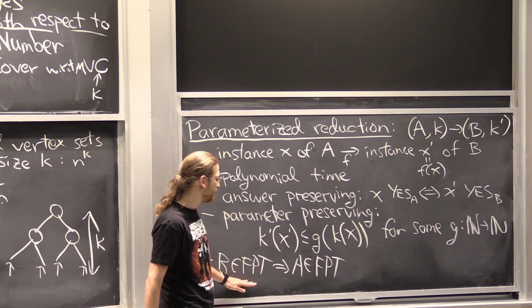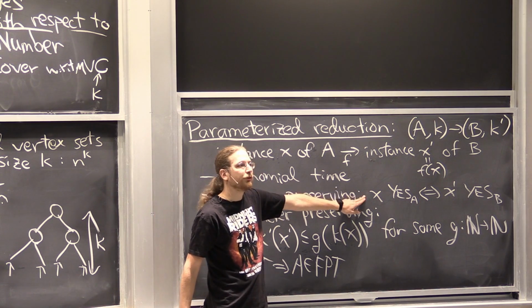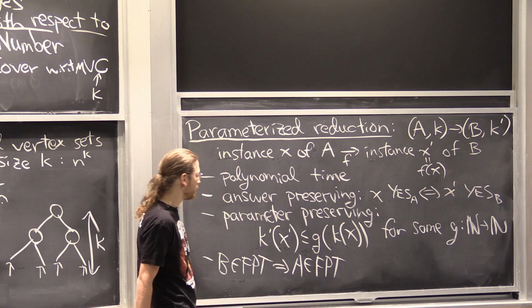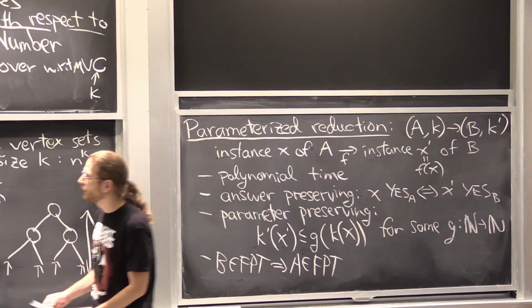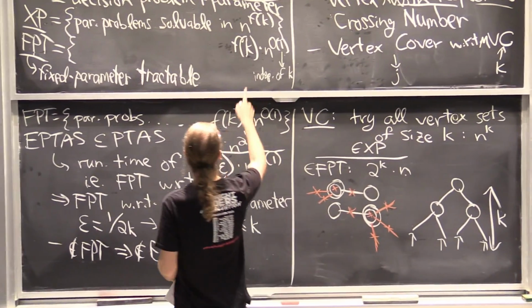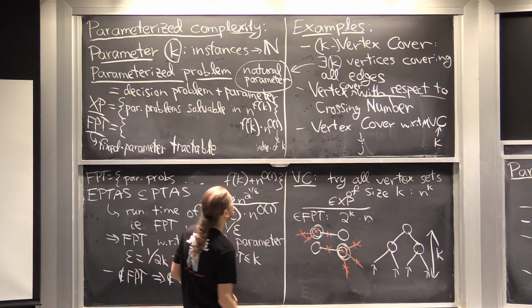So we run the FPT algorithm for B, and that gives us the answer to the original instance of A. If we don't care about what this function is, we're basically composing functions.